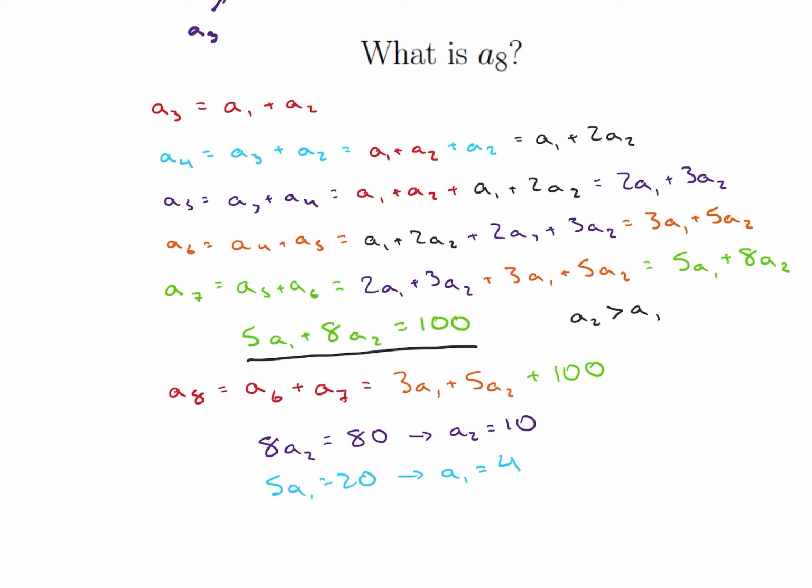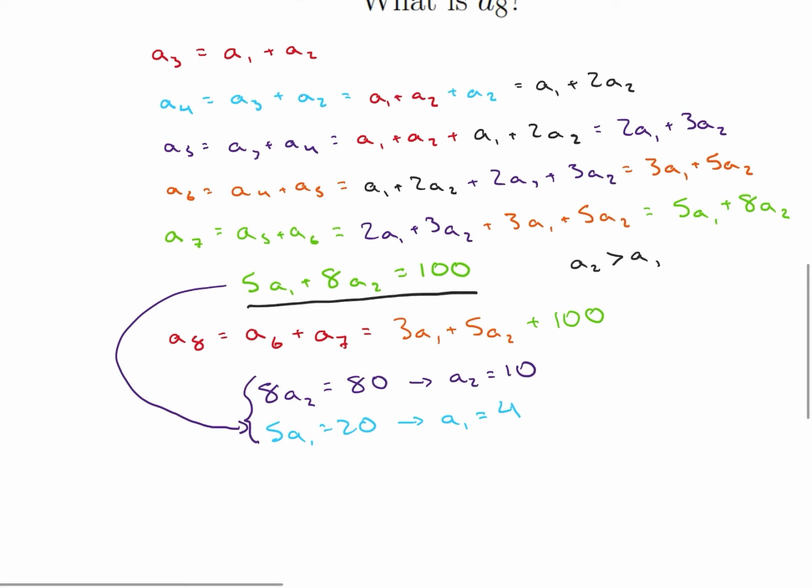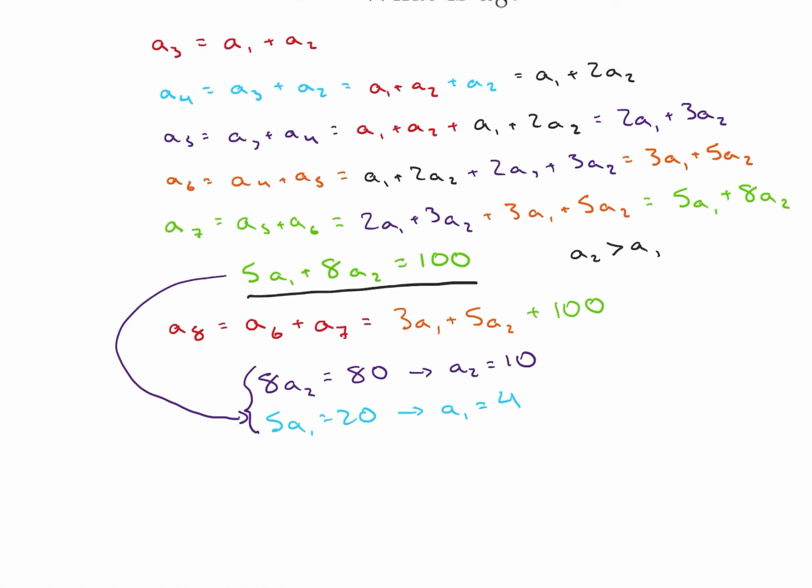So I can solve this little equation where A sub 1 is smaller than A sub 2 using this set of equations right here where they sum up to that 100 value. So 100 minus 5A sub 1 is divisible by 8, or 100 minus 8A sub 2 is divisible by 5. But what this does for me is now this will tell me what my A sub 8 value is.